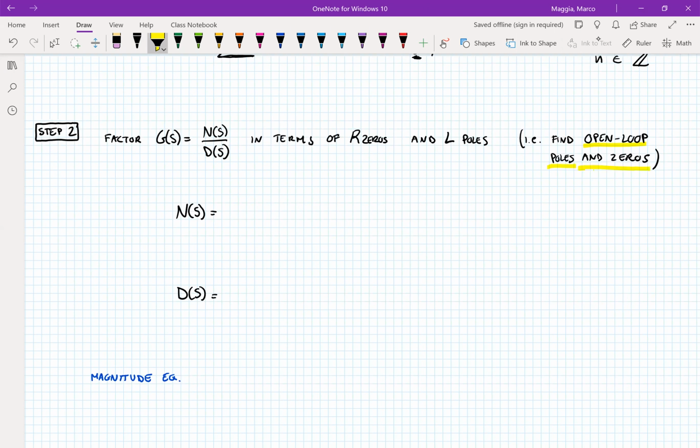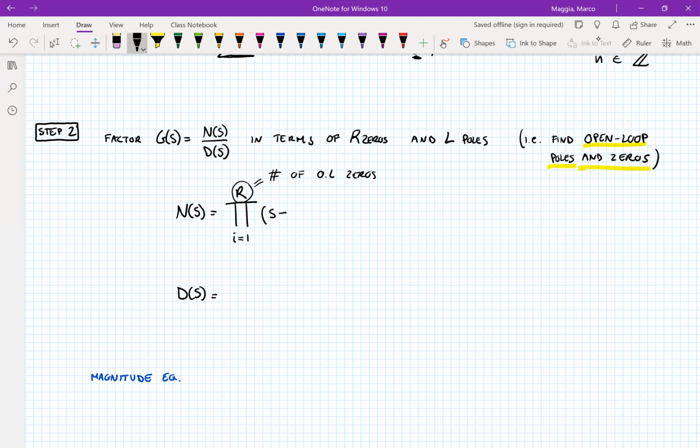So how do you factorize the numerator and the denominator? Well, the numerator contains all the zeros. So it's going to be the product, which has this big pi symbol, for I that goes to 1 all the way to R, where R is the number of open loop zeros, as I said.